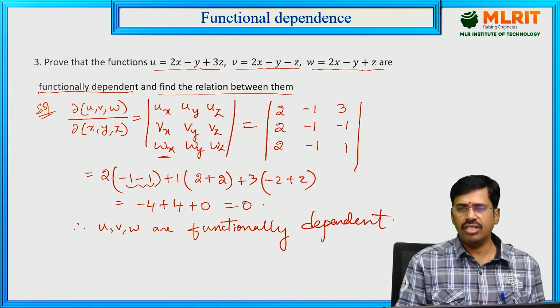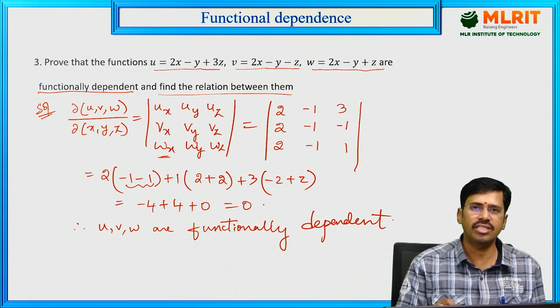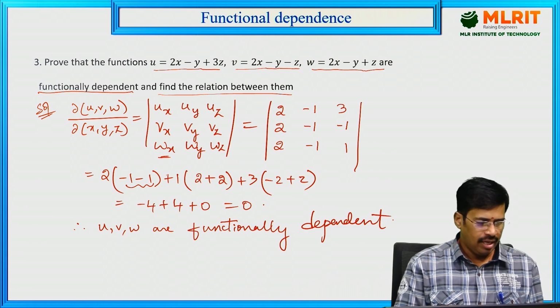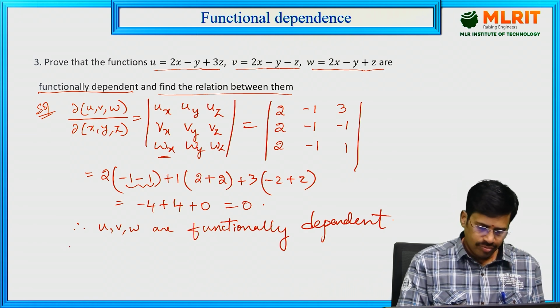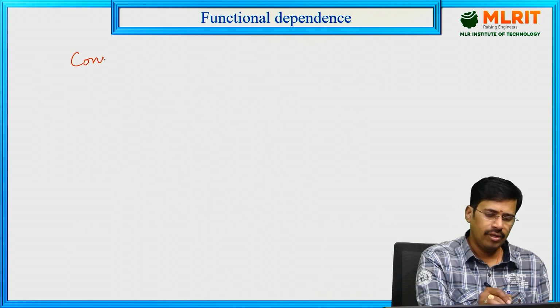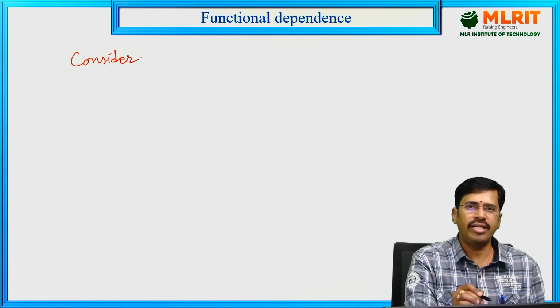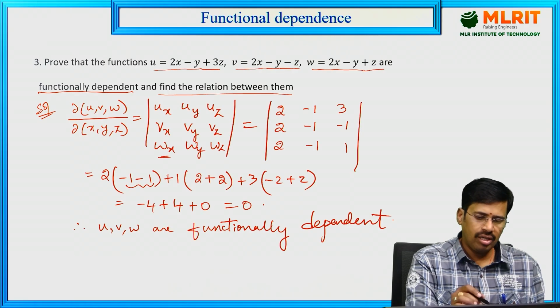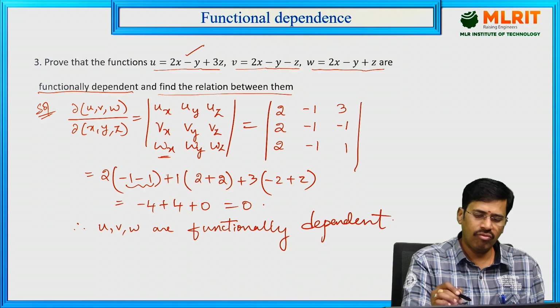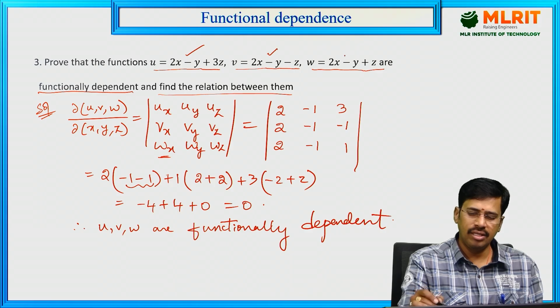If these functions are functionally dependent, there should be some relation between these three functions u, v, w, right? Let us see this. By observing the given functions u, v, w, we can find the relation between them. What is the function? u equal to 2x minus y plus 3z, and v equal to 2x minus y minus z, w equal to 2x minus y plus z.